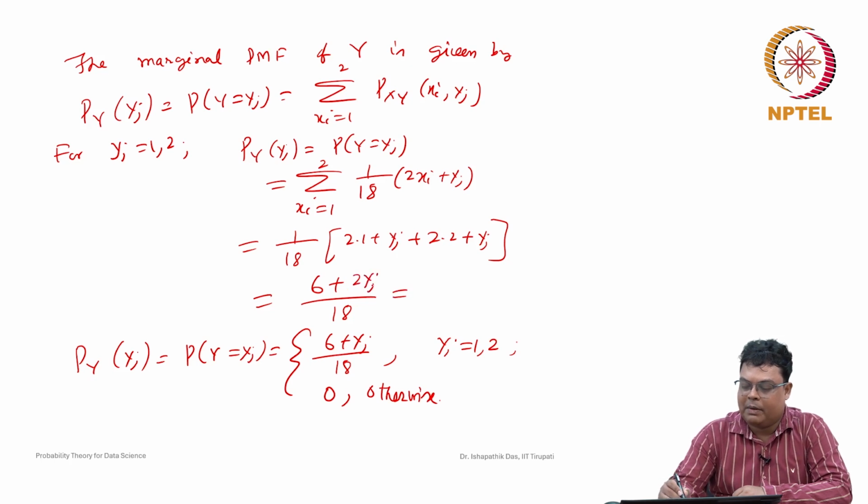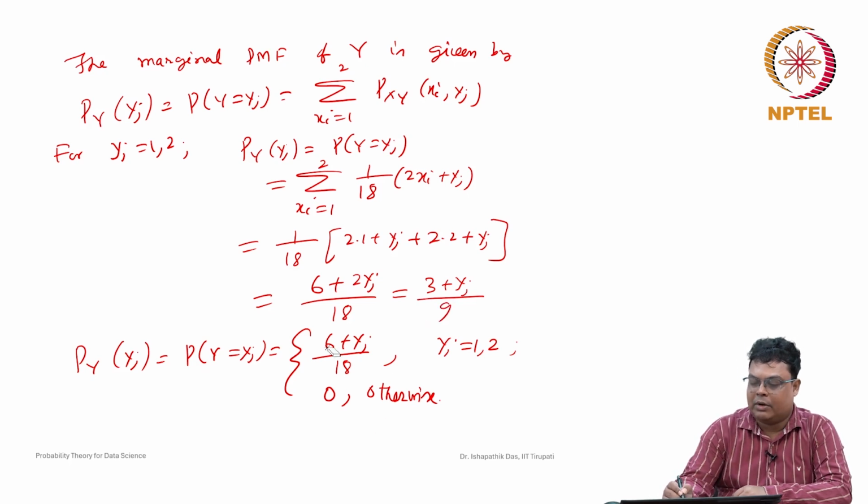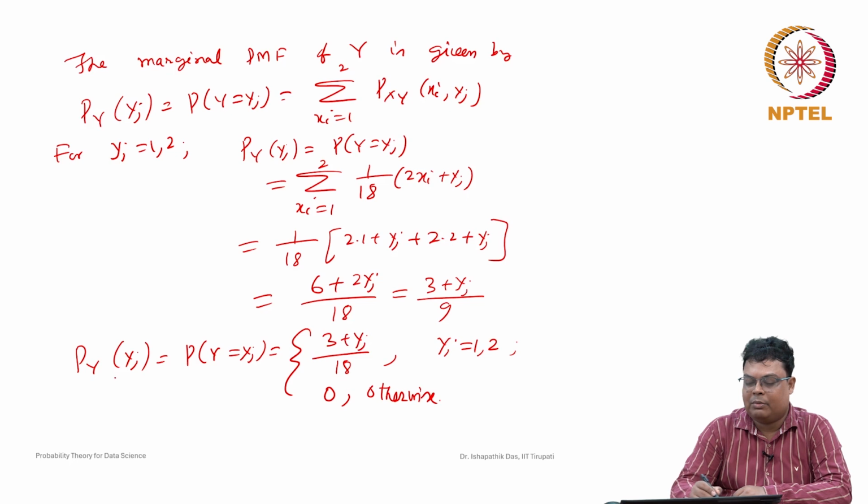So then we can simplify it, so 3 plus yj by 9. Actually I made a mistake, it will be 2 yj, so this will be 3 plus yj by 9. That's why I just check it, because if it is a probability mass function, if you take the sum over yj, then this will be equal to 1.